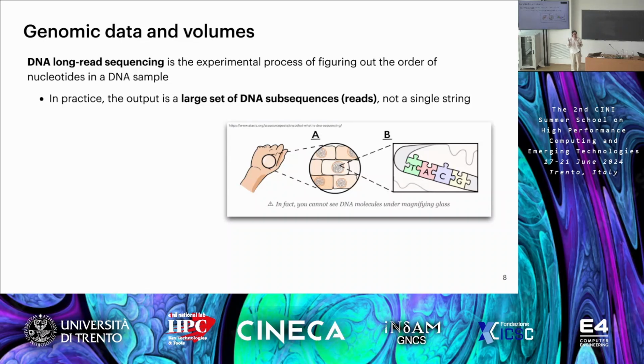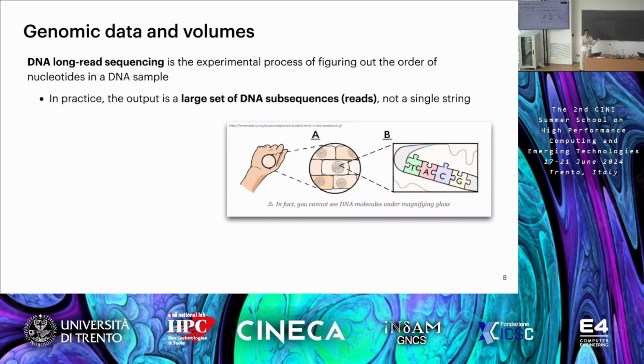So in practice, the output is a very large file with many sequences that are much shorter than your actual DNA. And so the process that we will talk about today is basically how do we take these sequences that we call reads and put them together to reconstruct your DNA. And that's what the genome assembly process is. And again, you might not care about the biology, but I'll show you how you can do this with linear algebra. Does this make sense for everybody?